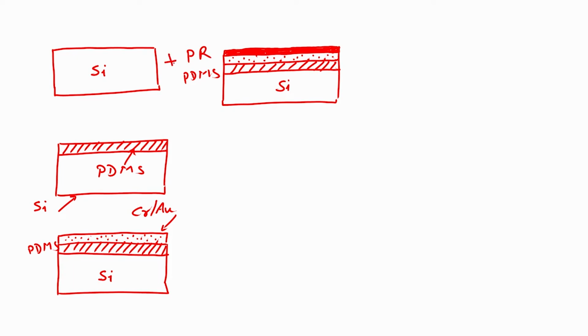I will say it is positive photoresist. After spin coating photoresist, what is the next step? Next step is I will go for soft bake. Soft bake is done at 90 degrees centigrade for 1 minute on a hot plate.